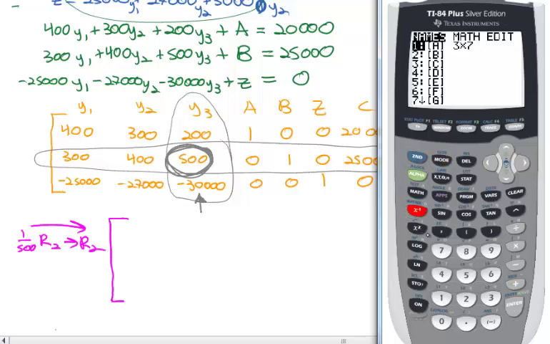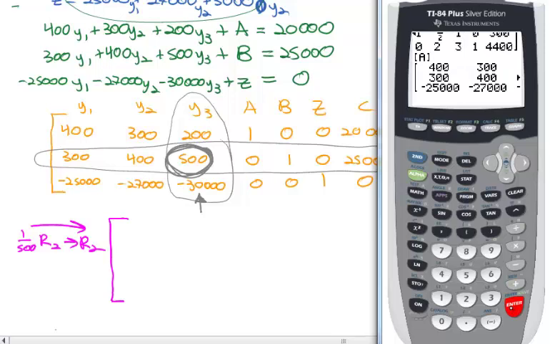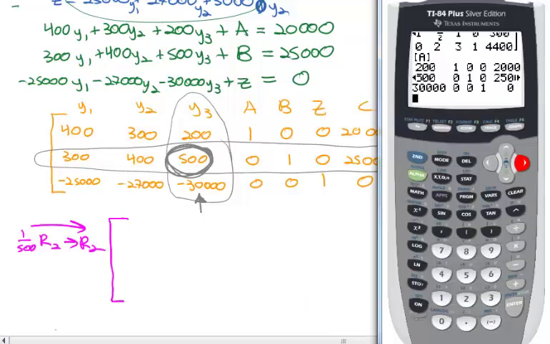And I like to put the matrix on the screen just so that I can look at it and make sure I've typed it in correctly, checking my values. 200, 500, negative 30,000, yep. $20,000, $25,000, and 0.